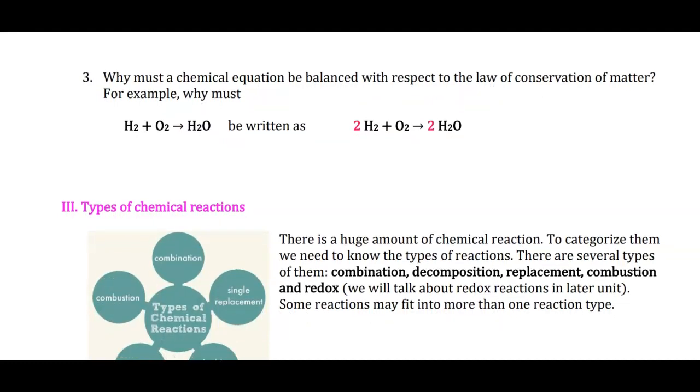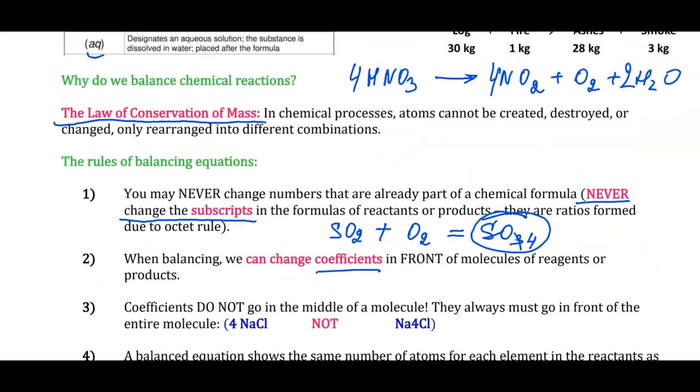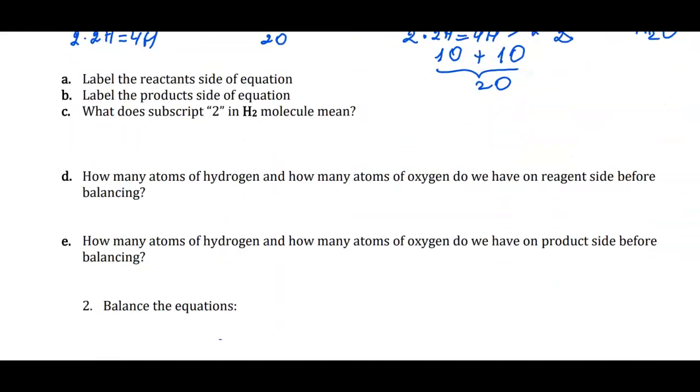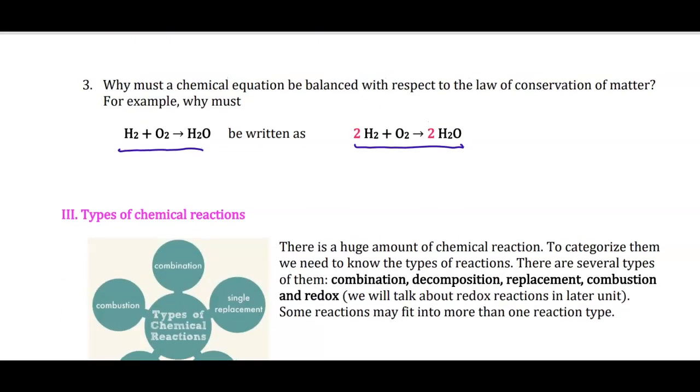Okay, the next one, the question is, why must a chemical equation be balanced with respect to the law of conservation of matter? For example, why must this equation be written like this? Atoms cannot be created, destroyed, or changed, only rearranged into different combinations. That means that the amount of atoms stays the same.